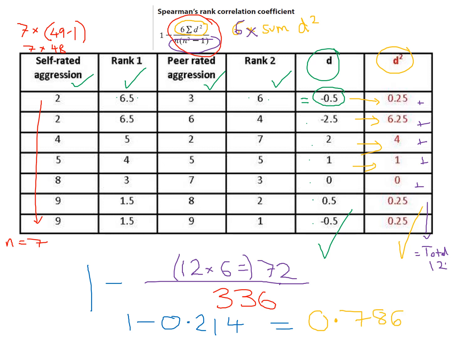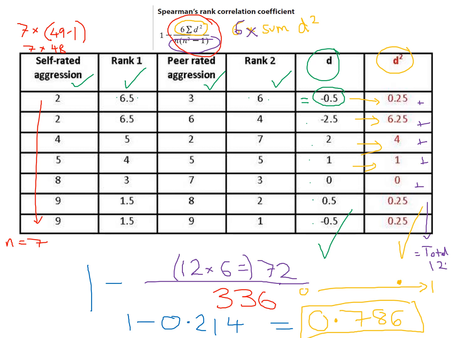That is your Spearman's rank correlation coefficient for the data on the screen. It's a positive number, right? So we know that we've got a positive correlation. 0.786, if you think of it on that scale of 0 to 1, is around here. So it's quite a strong positive correlation. It's not a very strong positive correlation.